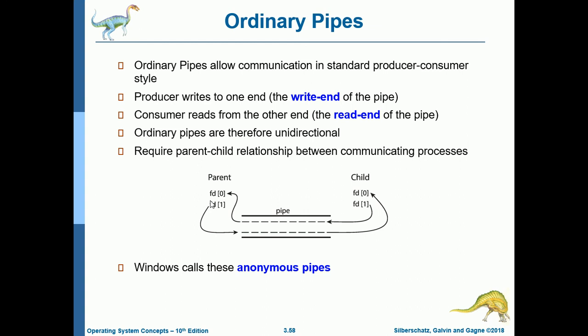As this illustrates, any writes by the parent to the write end of the pipe, the FD1, can be read by the child from its read end, the FD0, of the pipe. So the FD1 of the parent will be read by the child through FD0. So that is the illustration for the ordinary pipes. These pipes, with the parent-child relationship, are called anonymous pipes.